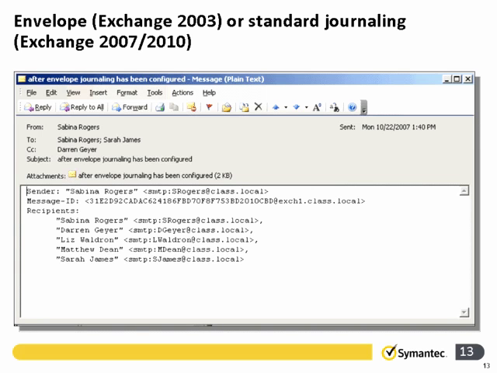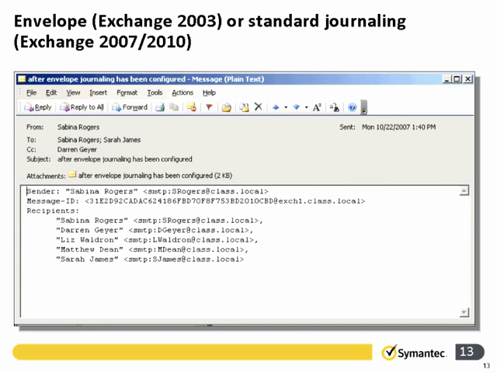So what actually gets journaled is the sender and recipient information, as well as a message ID. And again, as long as we're using envelope journaling in Exchange 2003, which is equivalent to the standard journaling in Exchange 2007 and 2010, we should be able to search on all this information, because all of it will be indexed.